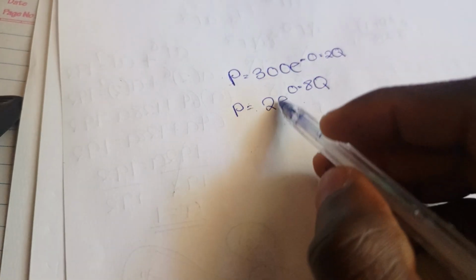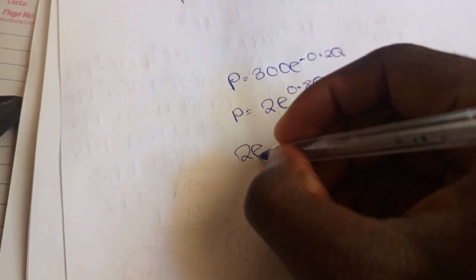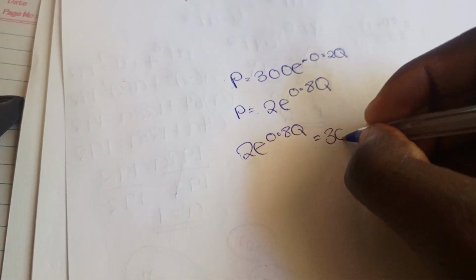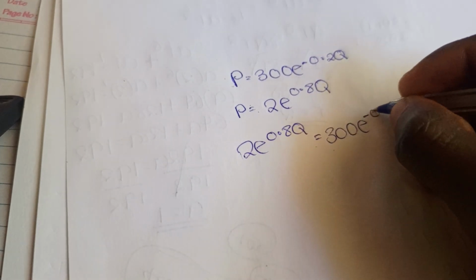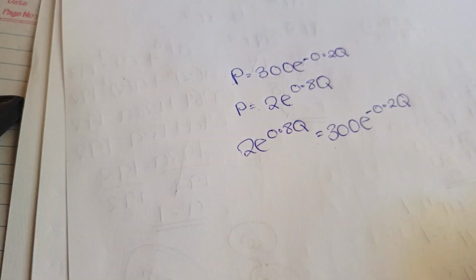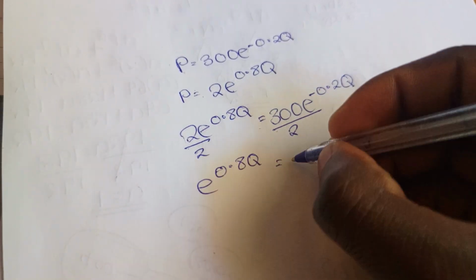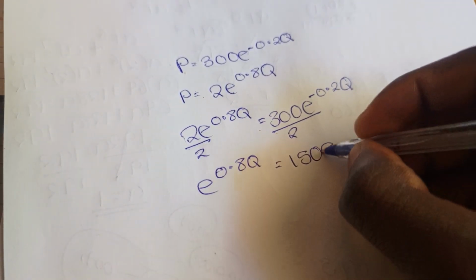So we'll just equate these to each other. So we'll have 2e^(0.8Q) equal to 300e^(-0.2Q), where we can divide both sides by 2. So e^(0.8Q) is equal to 150e^(-0.2Q).